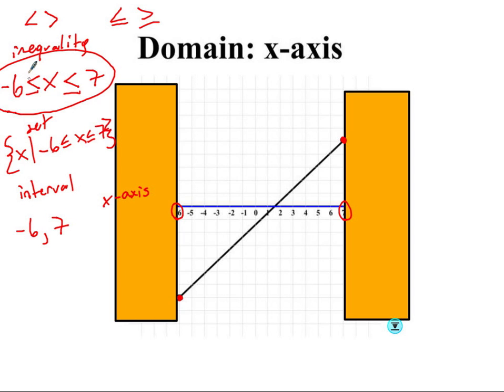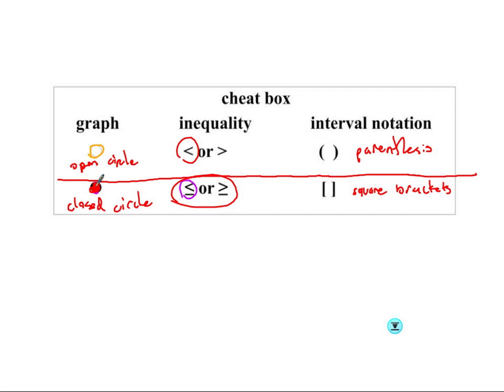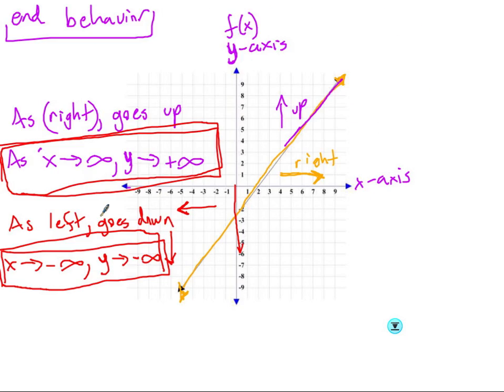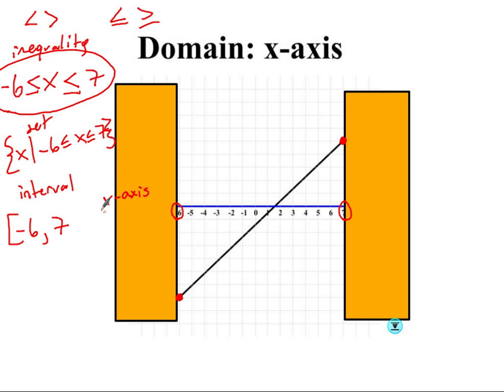Now, since we have the closed circles on both ends, remember, going back to our sheet, closed circle means that you're going to use square brackets for interval notation. So we have a closed bracket on the left side and a closed bracket on the right side. There. Done. So that is how you find the domain.